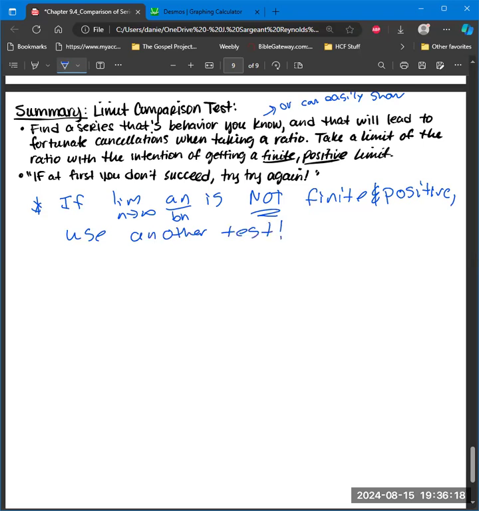Probably the ratio test. We'll learn about those later. All right. Next time when we come back, we'll talk about the alternating series test.